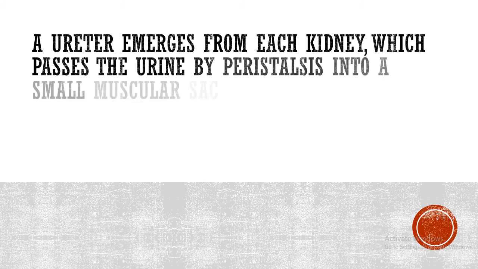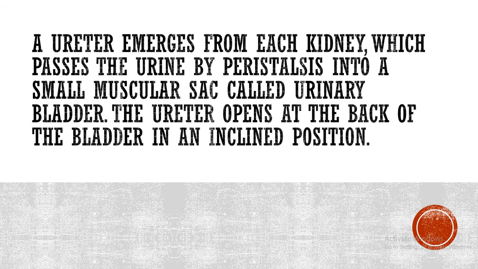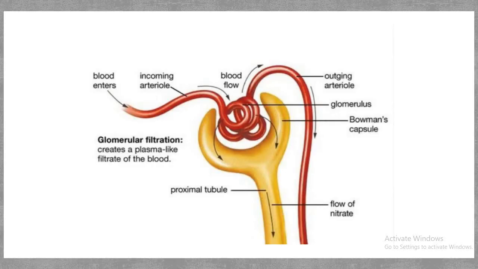After that, we have the ureter, which gets out from the pelvis, and through it the urine passes into the urinary bladder and then through the urethra.